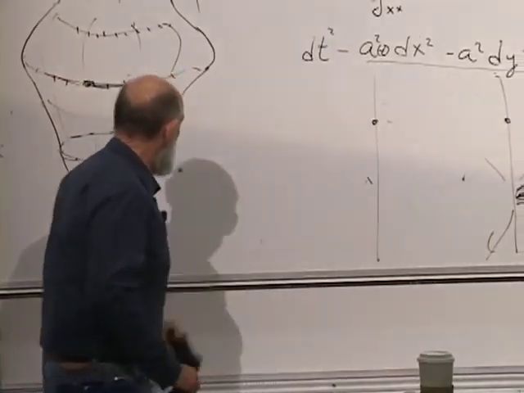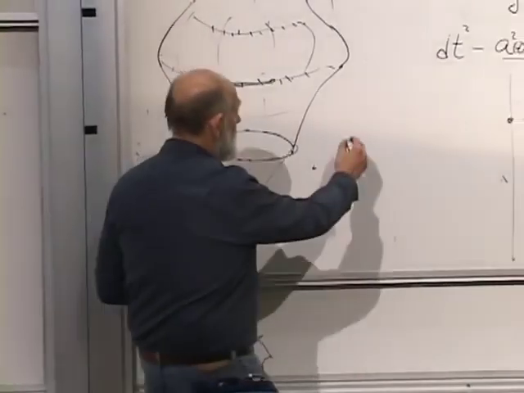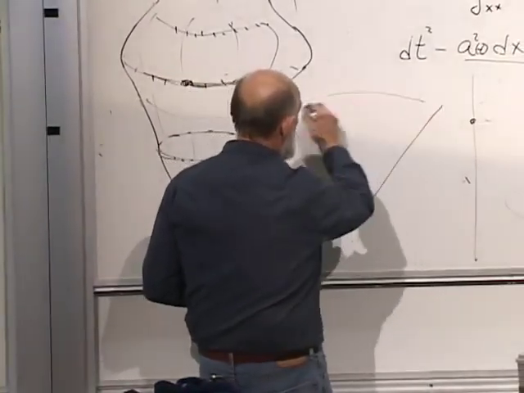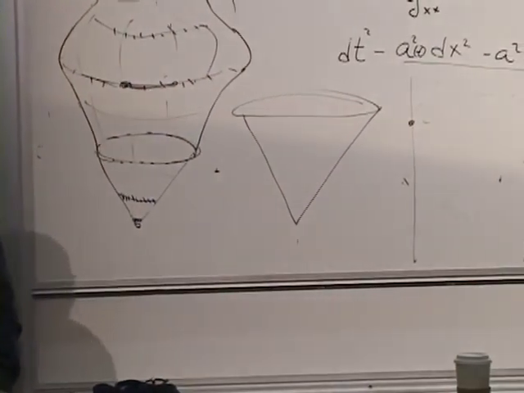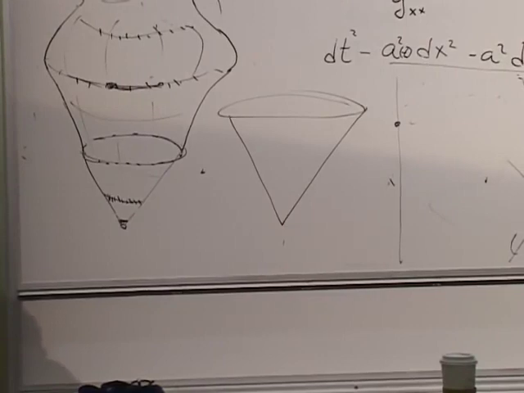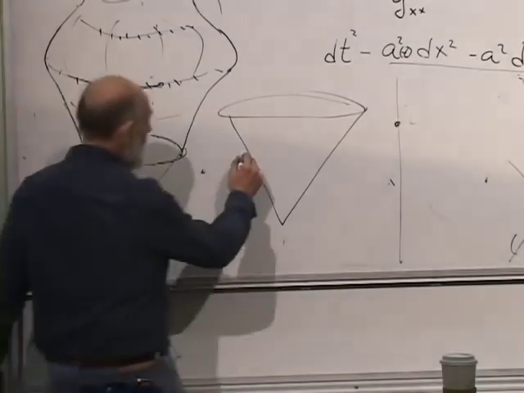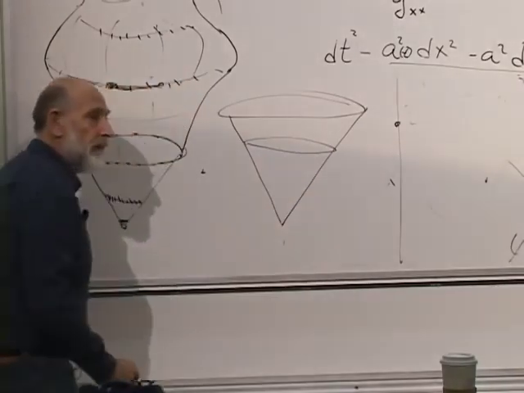Now, what about the cone? First of all, what does the cone correspond to? There's the cone, the space-time cone. How does the scale factor grow with time in the space-time cone? Linear. The size of the cone is linear in the time.